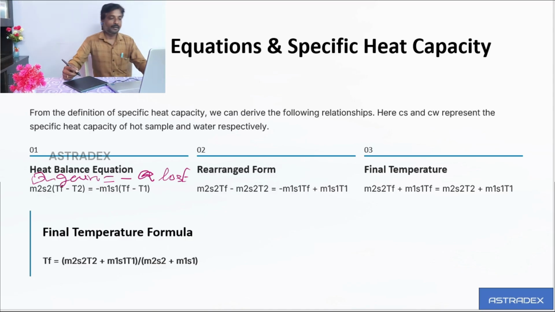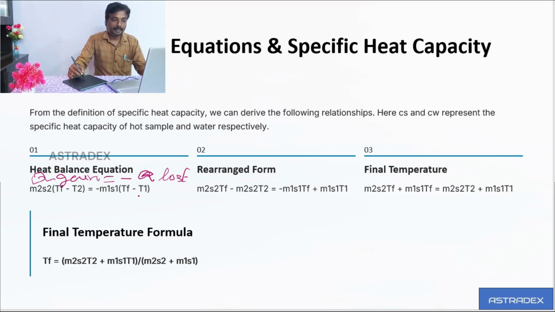Here the heat gain is M2 S2 into Tf minus T2, so M2 S2 into Tf minus T2 will be equal to minus M1 S1 into Tf minus T1.